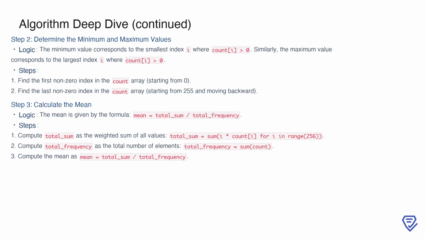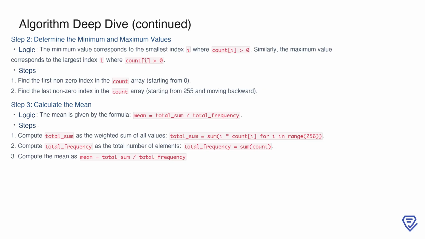The next step involves determining the minimum and maximum values in the dataset. The minimum corresponds to the smallest index i where the frequency count[i] is greater than 0. Conversely, the maximum is the largest index i with a non-zero frequency. This is achieved by traversing the count array, starting from the beginning to find the minimum, and from the end to find the maximum.